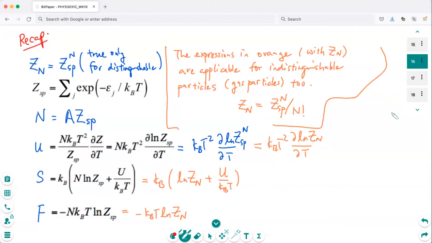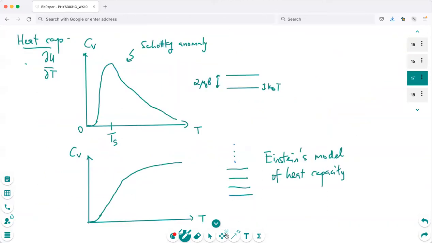Okay, and at the end of last lecture, this is another recap. We talked about this problem, we already talked about this. And I told you how to evaluate the heat capacity for the problem.